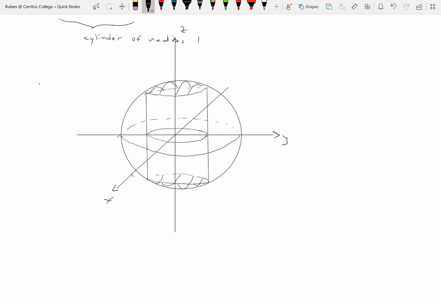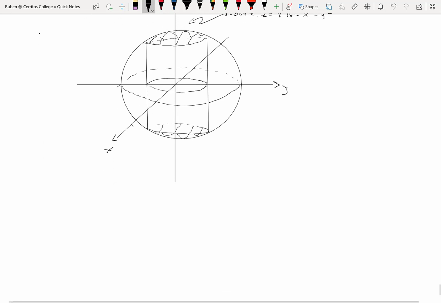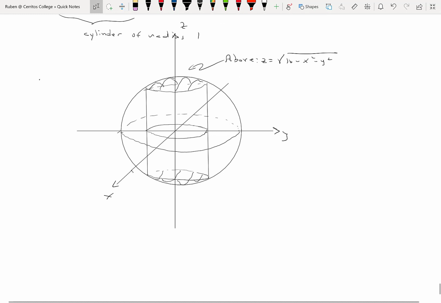So above, the surface above is still z equals the square root of 16 minus x squared minus y squared. Is still the cylinder. Below, the same thing. Again, we're going to look at above the XY plane first.